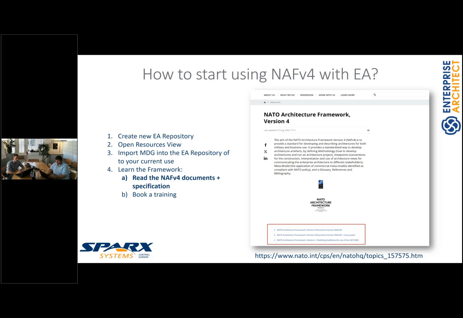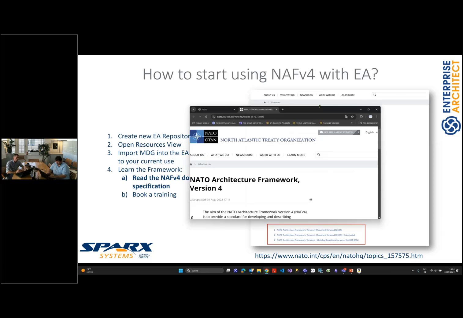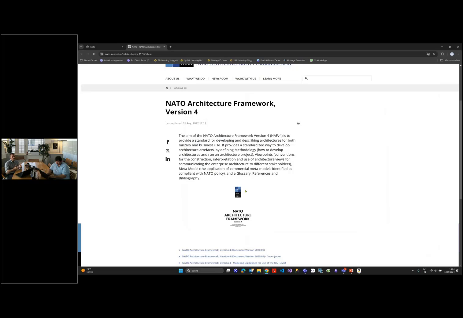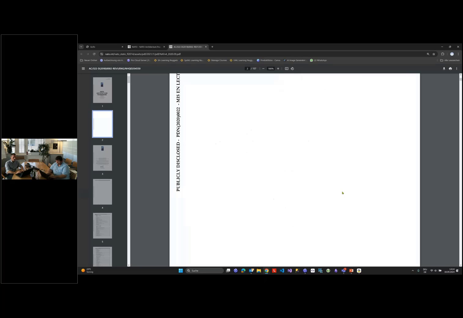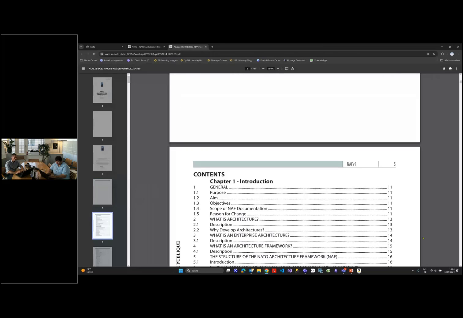So here we have the web page with all the documents. If I open the document, that's the description of the NATO Architecture Framework 4.0. There is a similar document for the ADMBW. And here we have a whole description, an introduction. What is architecture in general?